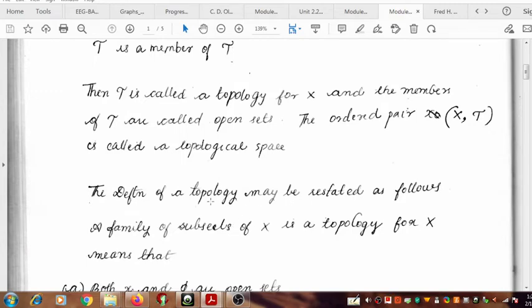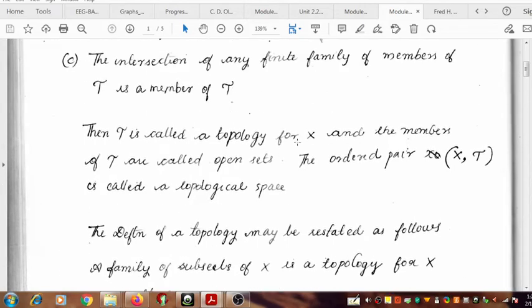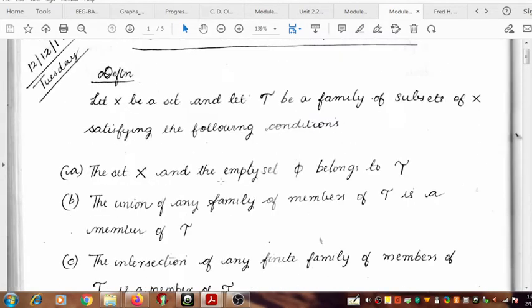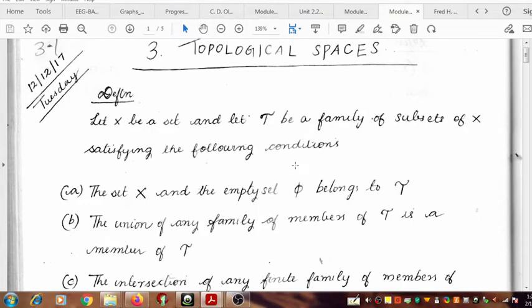Thus we can say that, and this situation therefore leads us to call the members of the topology open sets.